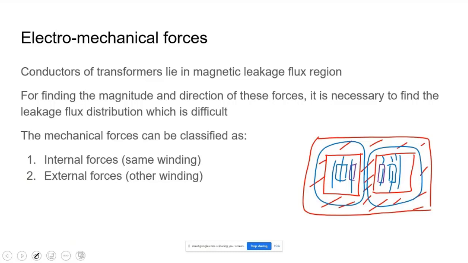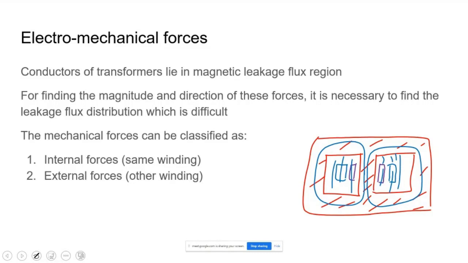The direction and the magnitude of these forces, if you want to estimate accurately, it is necessary to find the leakage flux distribution, of course, which is not so easy.